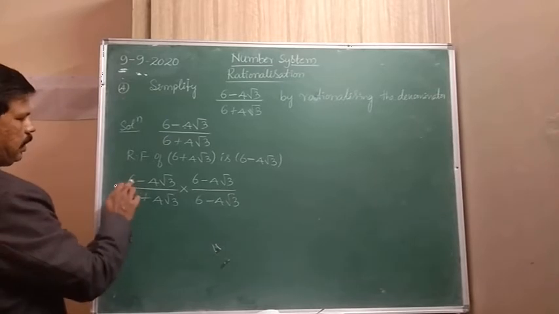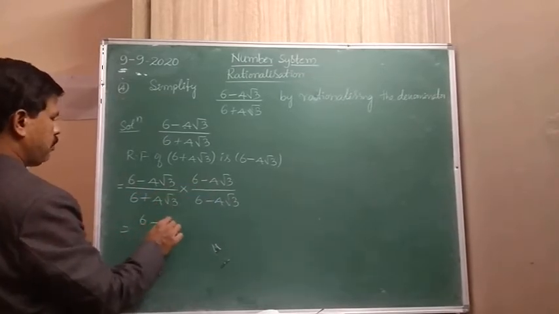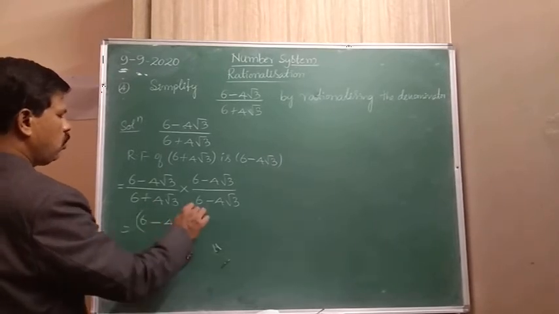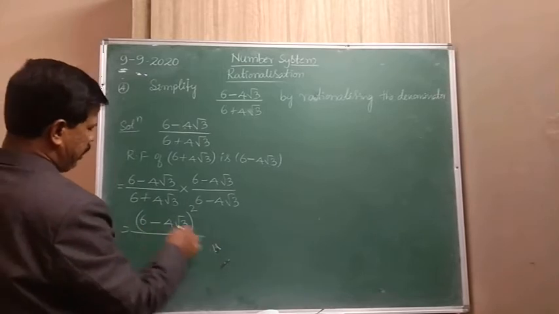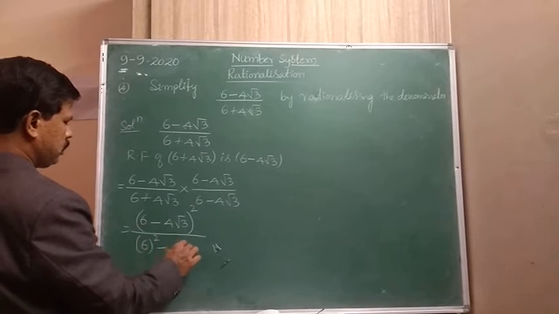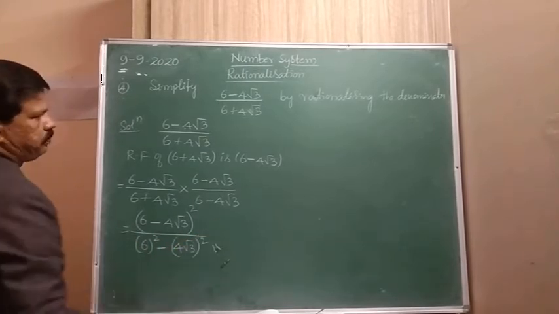Now (a minus b) into (a minus b), so it becomes (a minus b) whole square, and the denominator is 6 square minus (4 root 3) whole square.